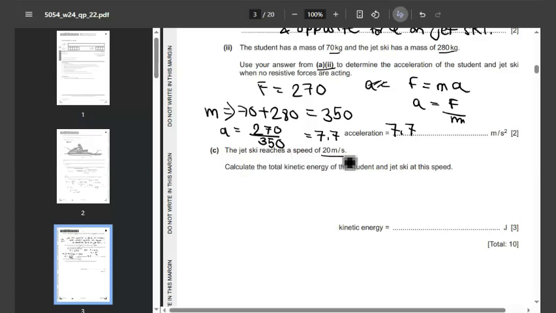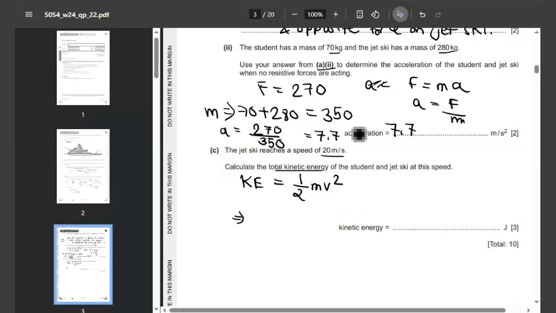Okay. Question C. The jet ski reaches a speed of 20 meter per second. Calculate the total kinetic energy of the student and the jet ski at this speed. So this is an easy question. The kinetic energy formula is kinetic energy is equal to half multiplied by mv square.